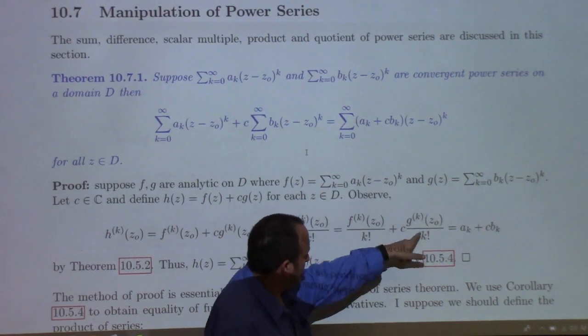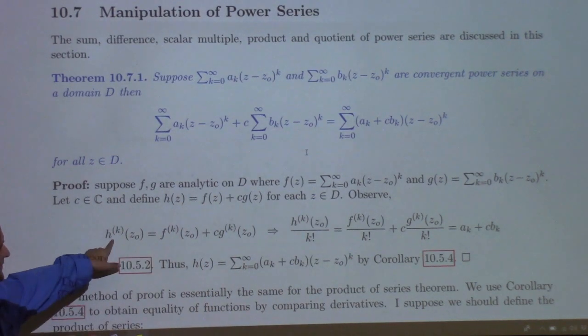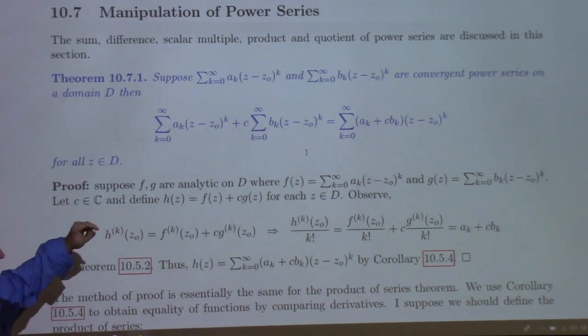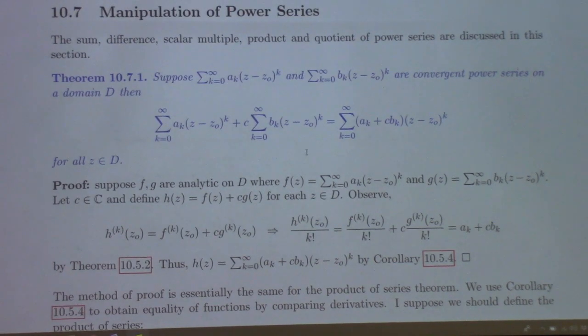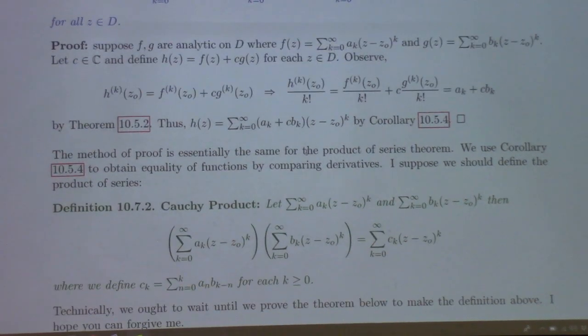So that's a sub k, that's b sub k, and there you have it. That's the kth coefficient of the power series expansion for h, and the theorem follows. I think it's a nice proof.